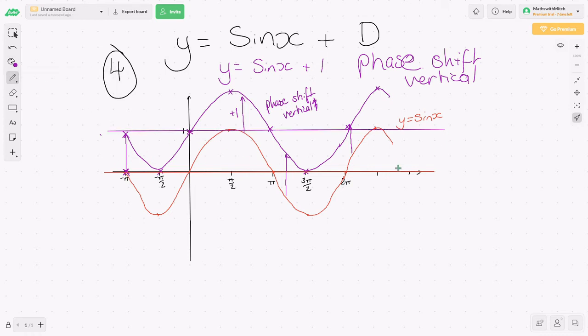So yes, all the points move, but your midline has shifted by 1, and that is the phase shift. So now, when we talked about amplitude, it's a lot easier to see that amplitude isn't the height from the x-axis here. It's the height from the midline.